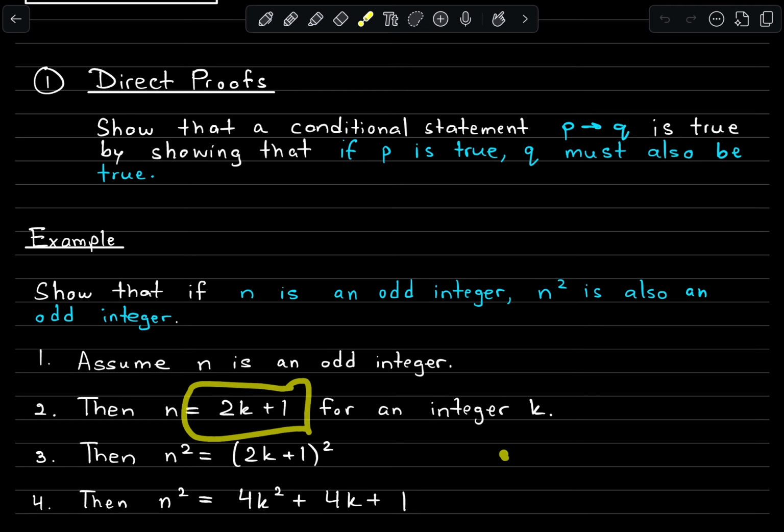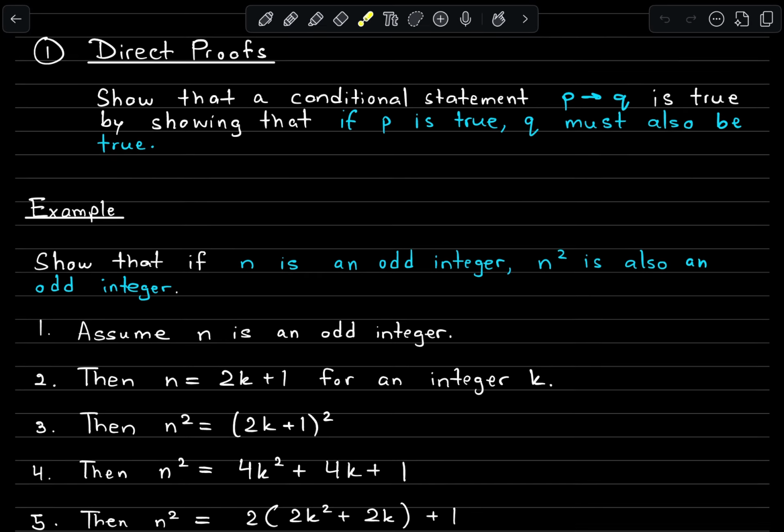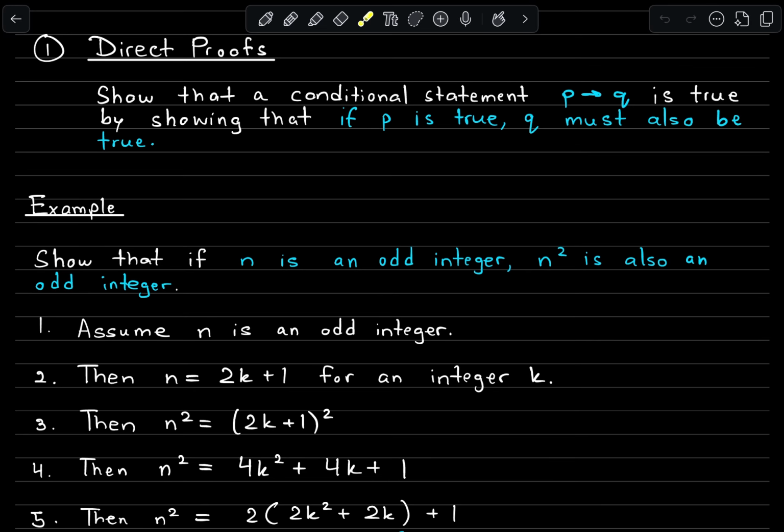Now, as it stands, it doesn't look like it's really in this format of 2 times something plus 1. But let's see if we can rewrite it as such. So I've got a 4 in the first two terms. I can factor out a 2 from each of those terms.